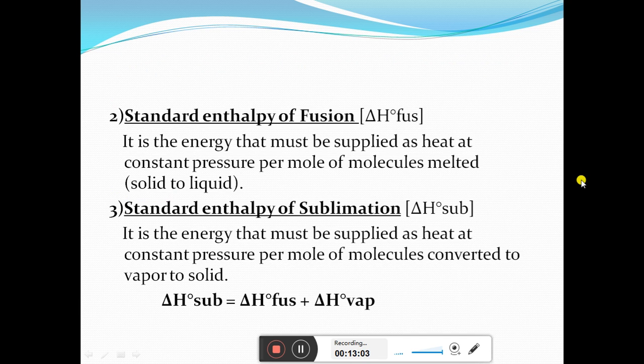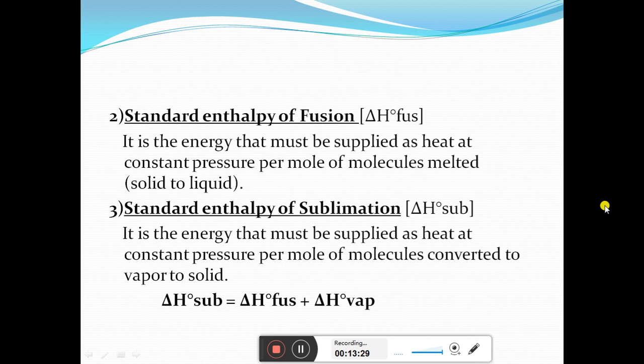The next is the standard enthalpy of fusion, and it is represented as delta H0 fusion. It is the energy that must be supplied as heat at constant pressure per mole of molecules melted, that is, solid to liquid phase. Next is the standard enthalpy of sublimation, delta H0 sublimation.